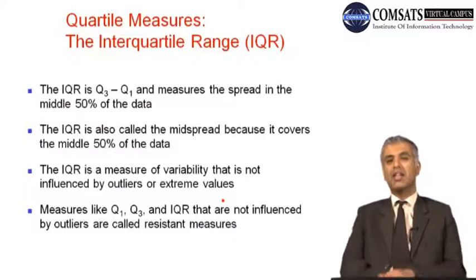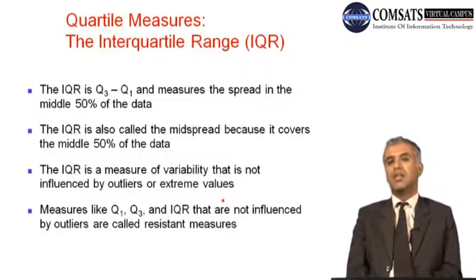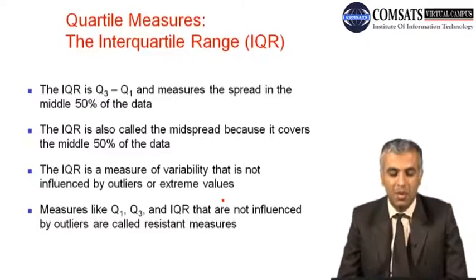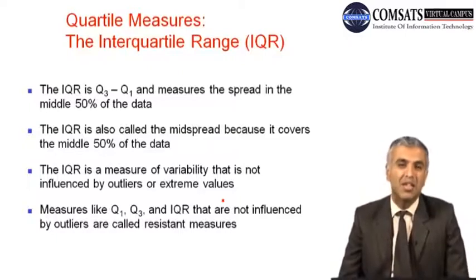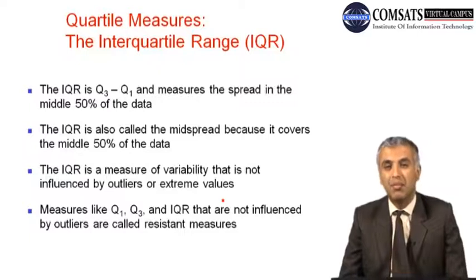Now the interquartile range is in between Q3 and Q1, so it can be calculated by taking the difference between Q3 and Q1, as shown in the slide. Basically it's the major portion of the spread, the middle 50%.